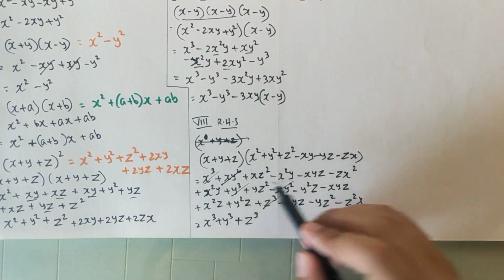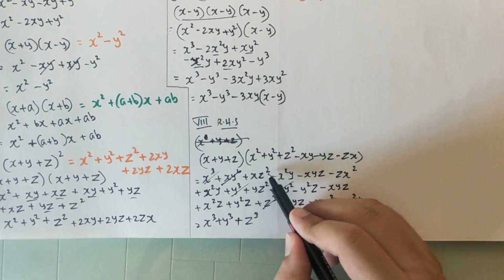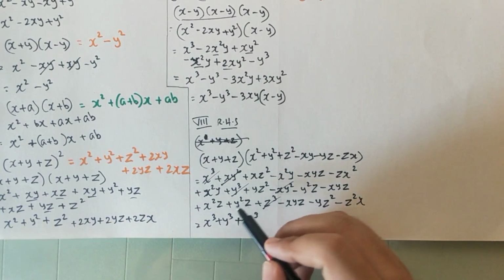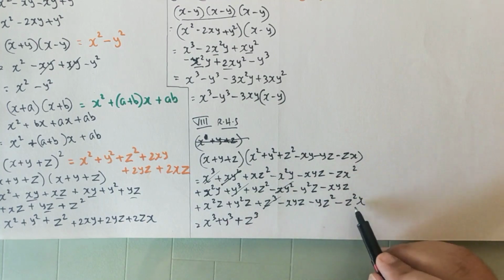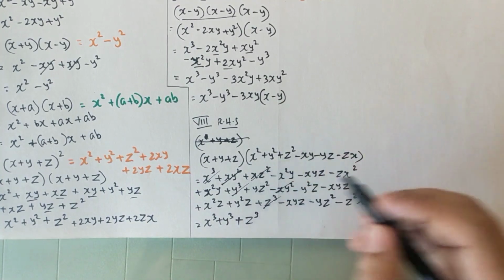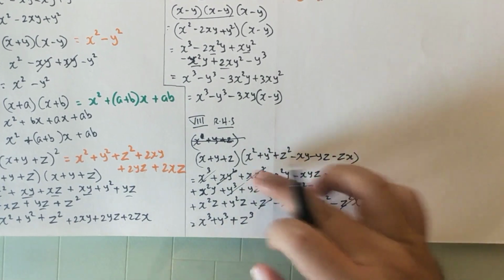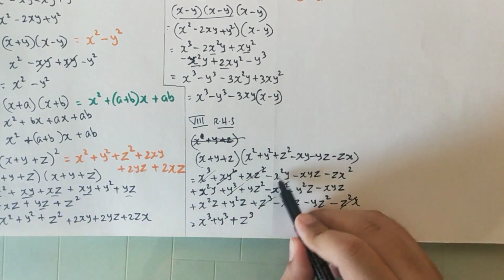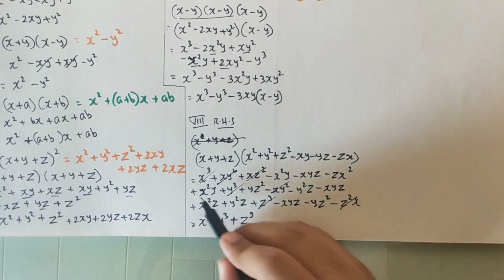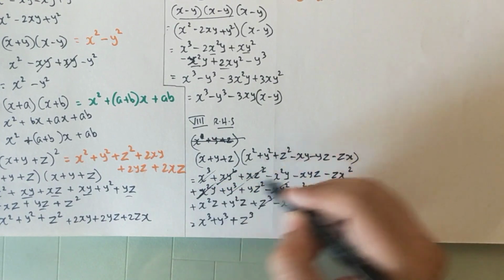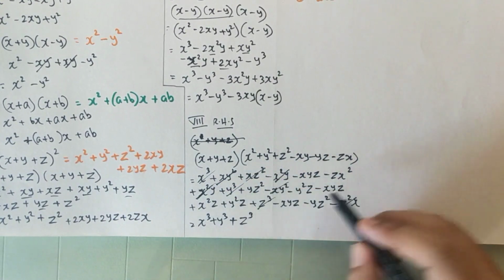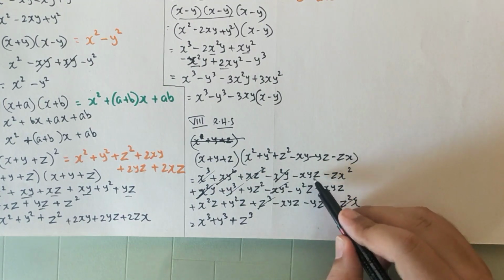Plus xz square minus z square x will cancel. They are like terms. Minus x square y plus x square y, these two terms will get cancelled.